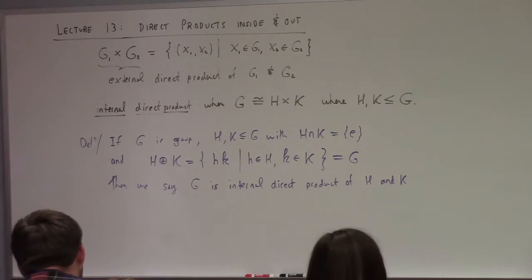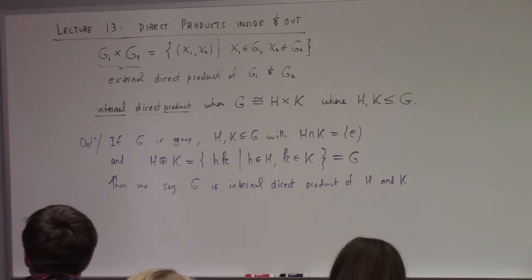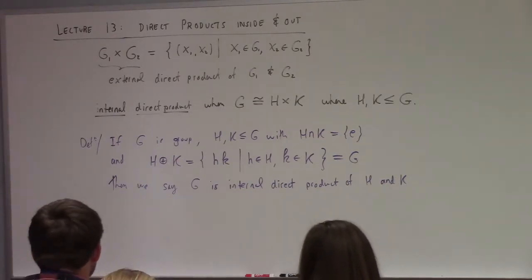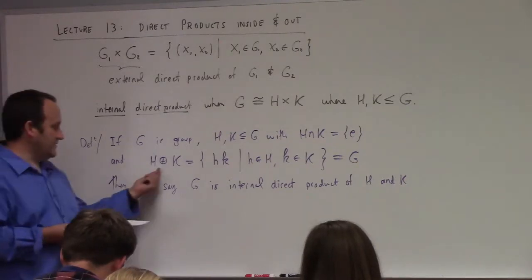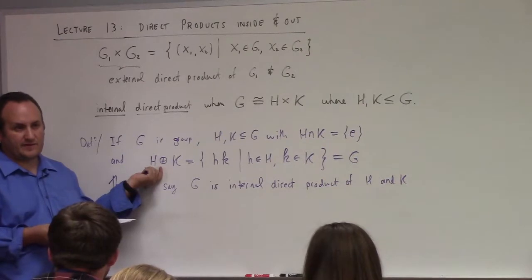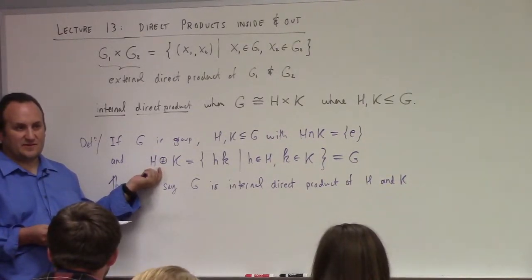Now, in the case that we're working with an additive group, we probably wouldn't say internal direct product, we would instead say internal direct sum. But annoyingly, we just use the symbol plus circle for both internal direct sums and internal direct products in here because I don't have a good notational solution otherwise.